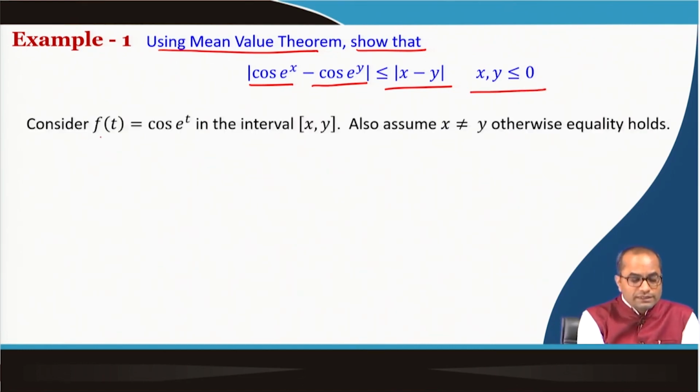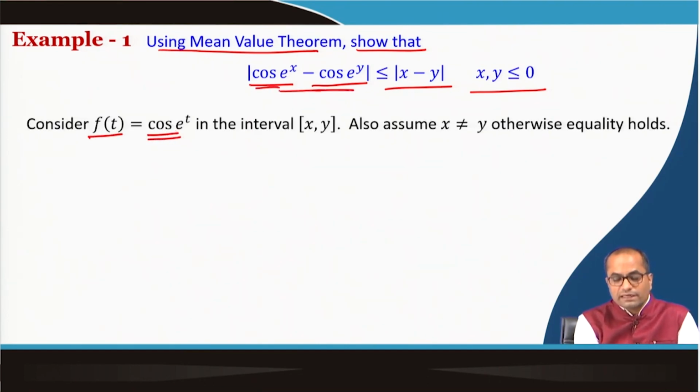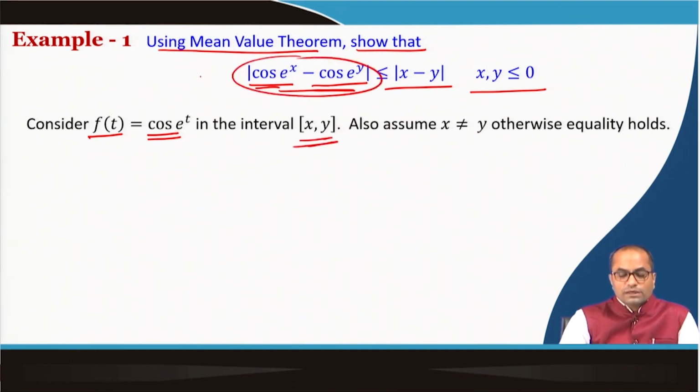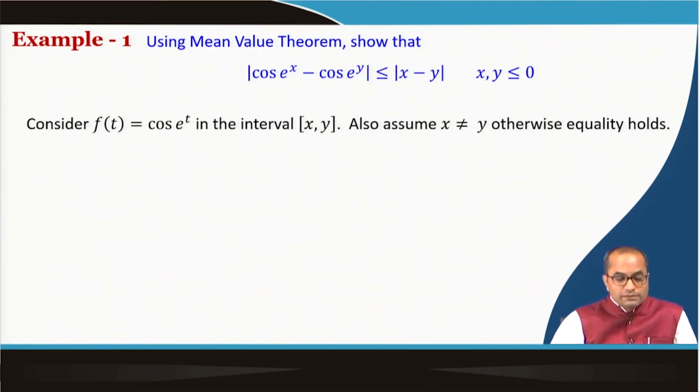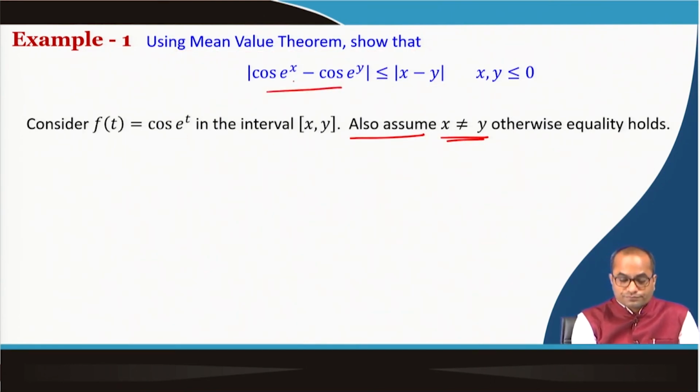We consider f(t) equal to cos(e^t), because the direct application of the Lagrange mean value theorem in the interval x, y will lead to the expression cos(e^x) minus cos(e^y). Also, we assume that x is not equal to y, otherwise when x is equal to y, of course the equality will hold, since both sides will be 0.